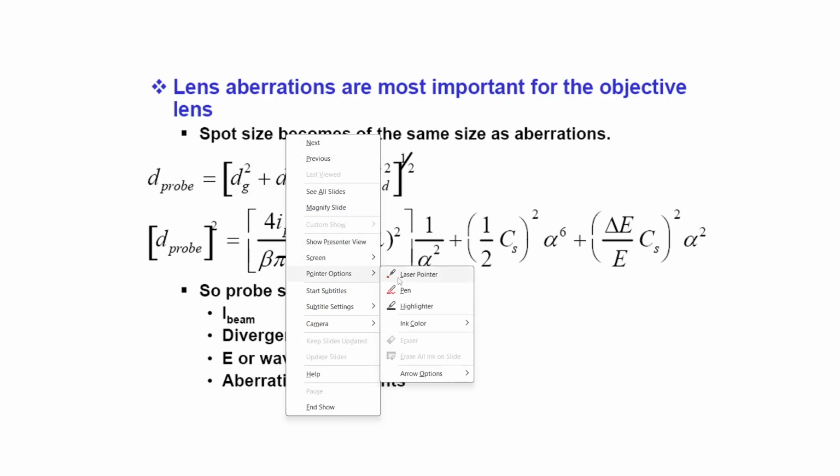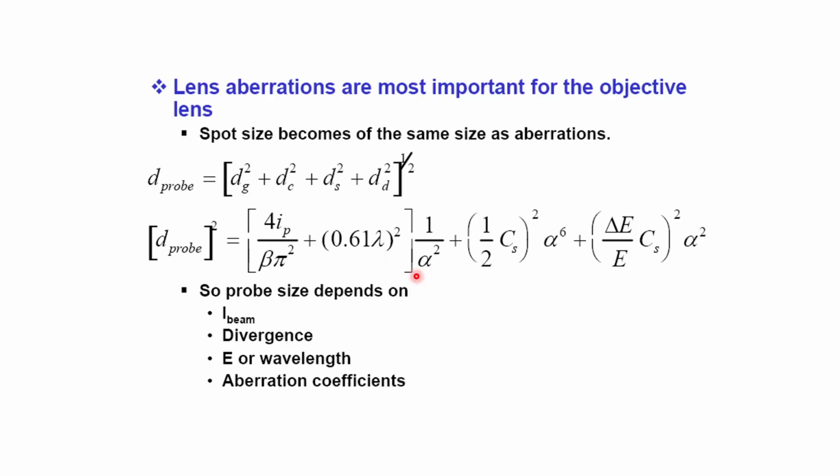So if we combine the astigmatism and all the lens aberrations, the diameter of the probe, D probe, will be given by the square root of dg squared, the Gaussian diameter of the probe, plus the chromatic diameter squared, the spherical aberration diameter squared, and the diffraction limitation diameter squared, all under the root. The Gaussian term is given by 4 Ip divided by beta pi squared, followed by the chromatic aberration, the spherical aberration and the diffraction limitation.